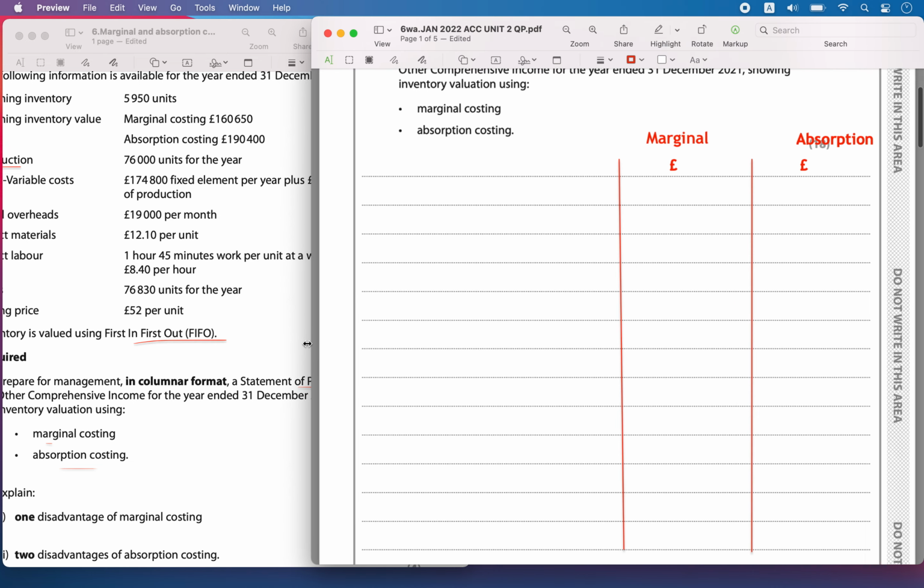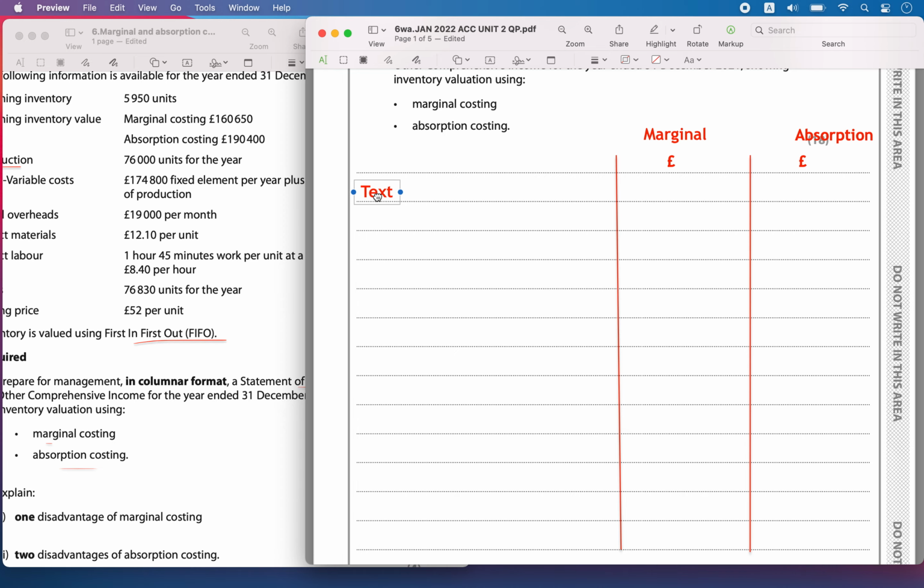So let's calculate. When you have to prepare a statement of profit and loss and other comprehensive income, the general way is we will have revenue, and then the opening inventory, plus the production cost, and then less the closing inventory.